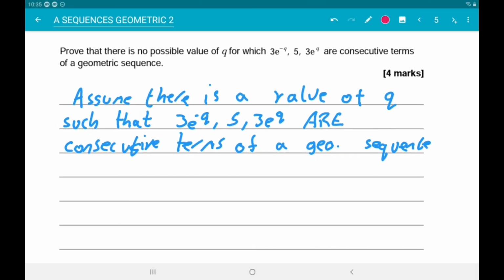Right, so now that we've made that assumption, we now work through the logic and try to find a problem or a contradiction.